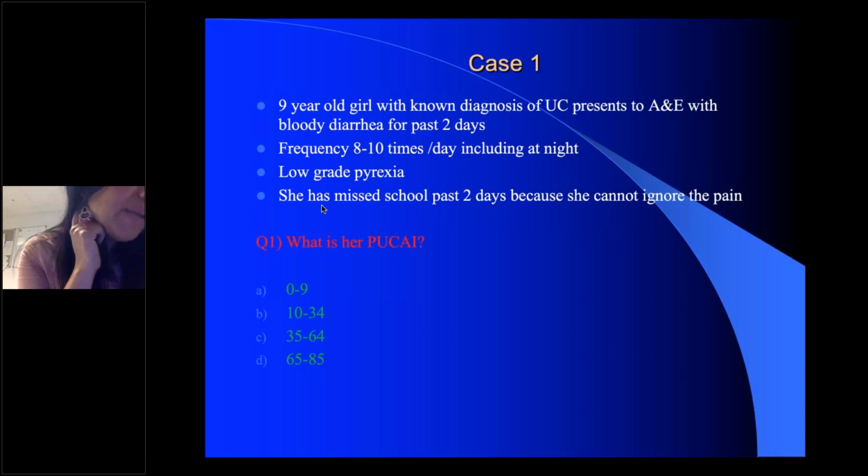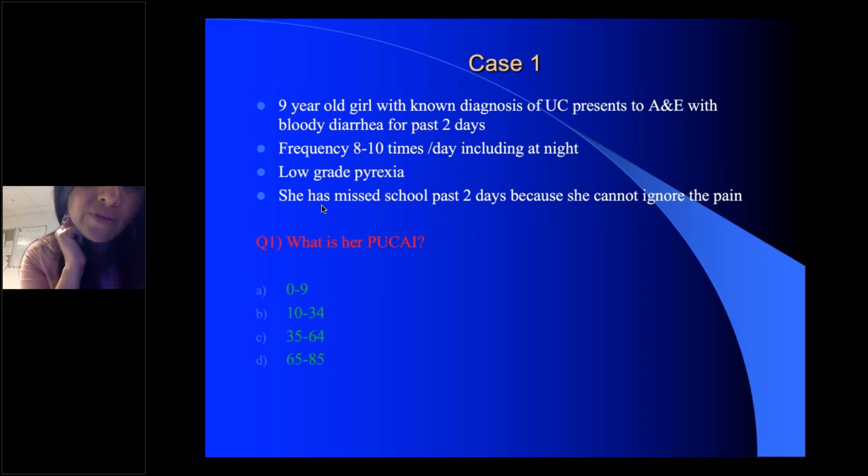So now, most of you have gone for C and D, which is fantastic, great. I don't blame you for going for C because I didn't really give you the breakdown, but just so you know, this is severe colitis. This would be D, so the answer is D here. Really severe, because she would score 15 for pain that cannot be ignored, and another 15 for extra-intestinal symptoms with the pyrexia.